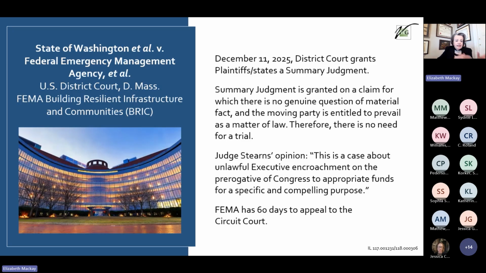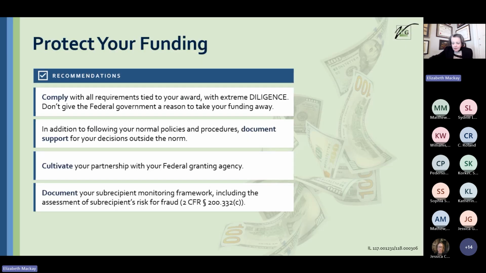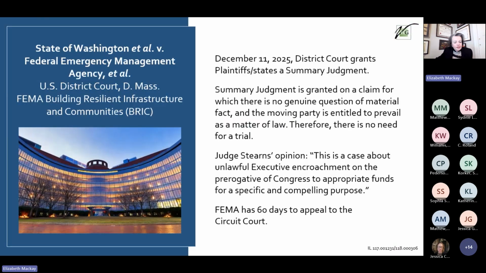And does the executive branch, another branch of government, have the right to usurp that power and take those funds that are apportioned by the Congress and say, no, we're going to reallocate those over here? Well, this particular court said they do not have the power to do that. The executive branch cannot do that. So for this particular program, BRIC, that was the determination, the decision.